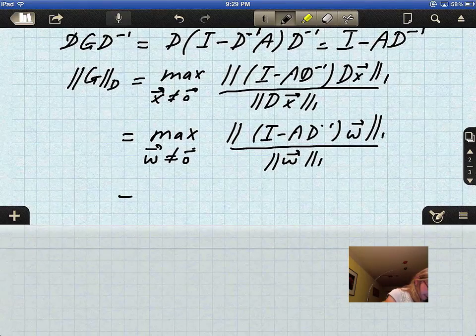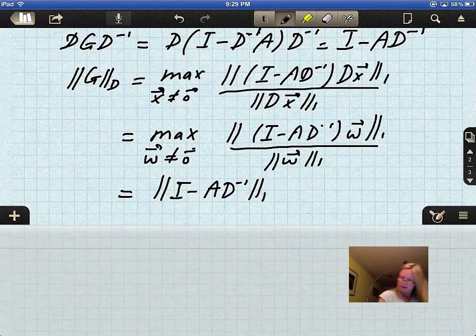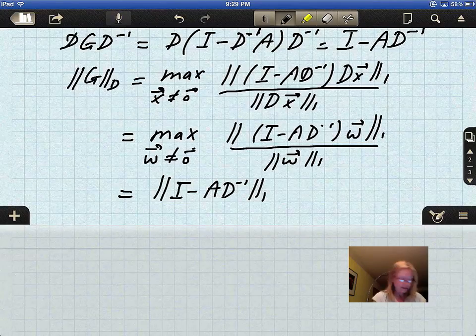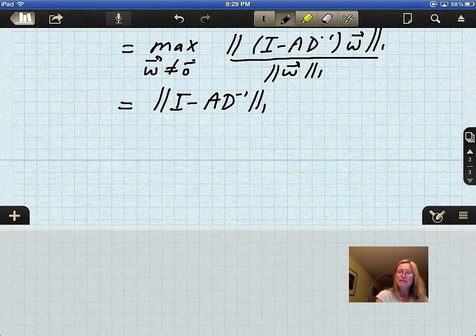But this of course is just the definition of the one norm of I minus D A D inverse. And that is the maximum column sum of this matrix.